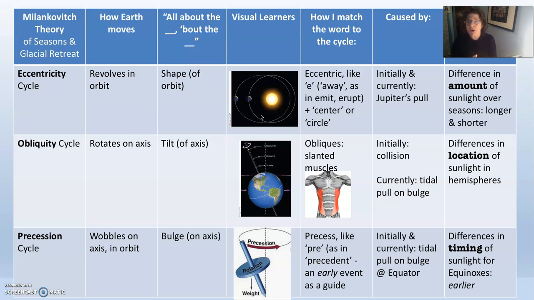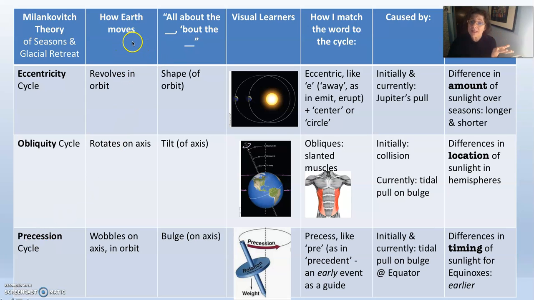I decided to put this information into a chart, which I hope that you'll come back and use. It's a chart that I use to remember the theories and to explore them and to learn more about them. There are three cycles in this theory. One is the eccentricity cycle, another is the obliquity cycle, and the third is the precession cycle. This chart is for you to come back to, and it also helps me to remember things.